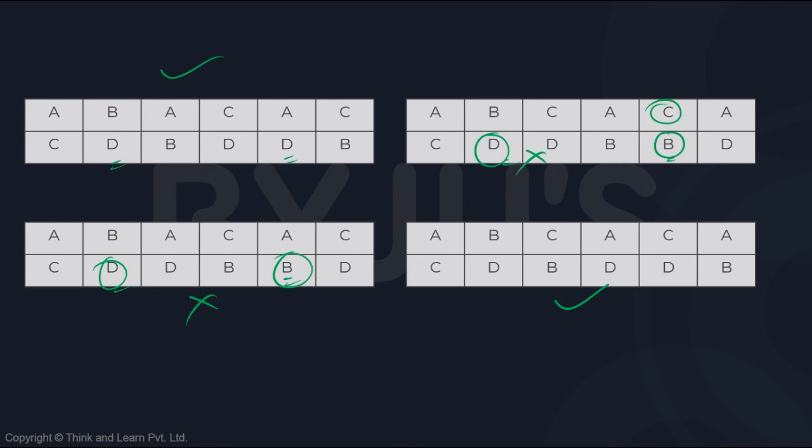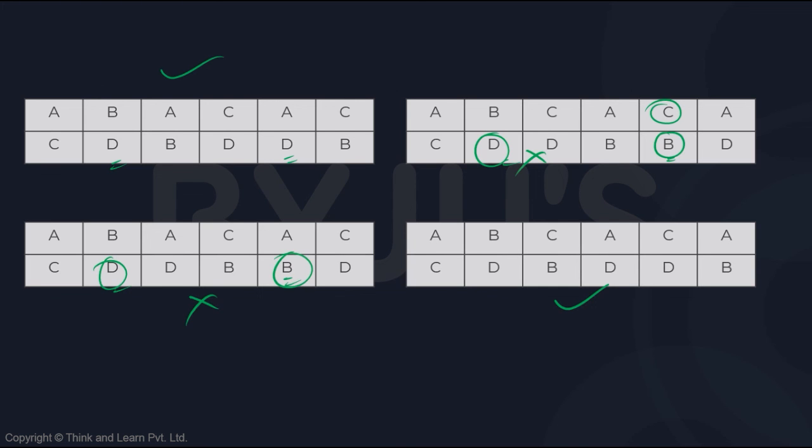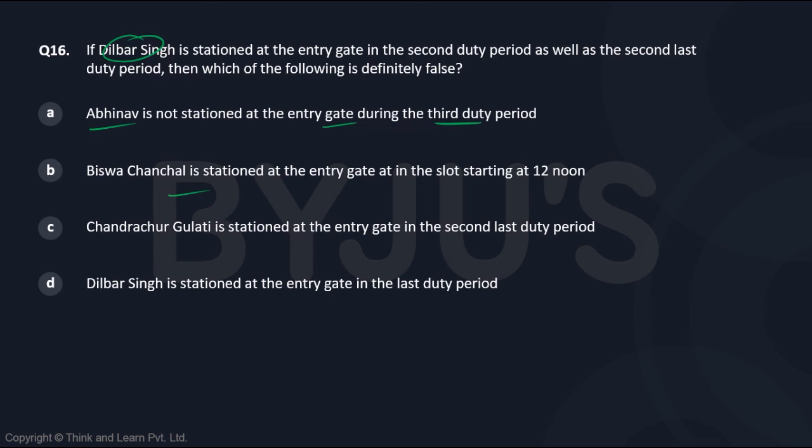Now which of the following is definitely false? A is not stationed at the entry gate during the third period. So A and third period, it is there. So it is not false. It is possible. B is stationed at the entry gate in the slot at 12. 12 noon is what? Which period? So 0 to 4, 4 to 8, 8 to 12. So this is third period.